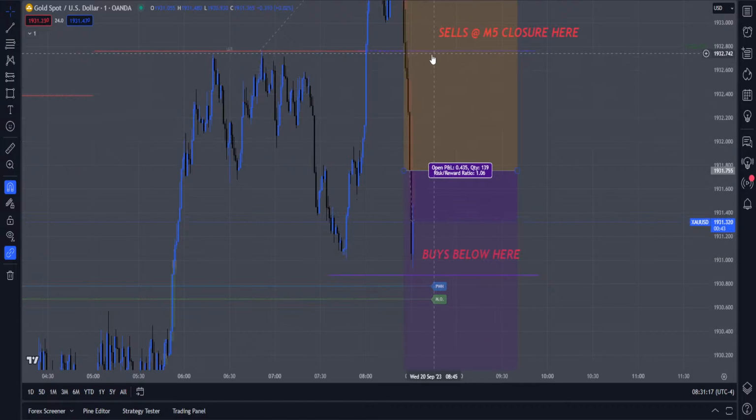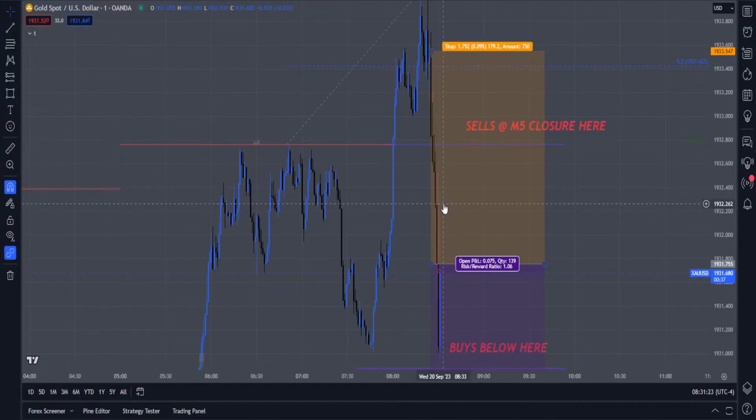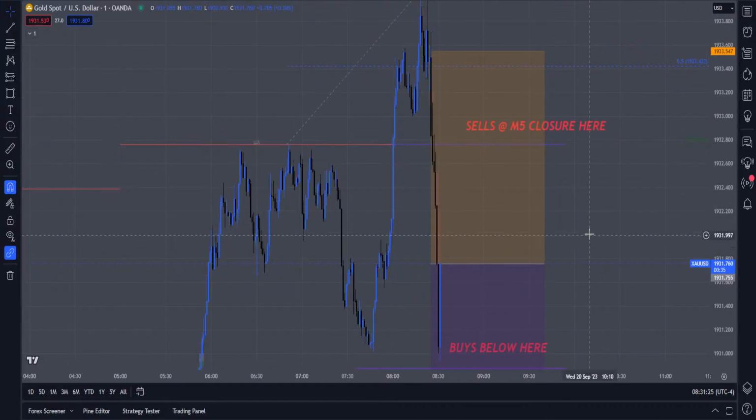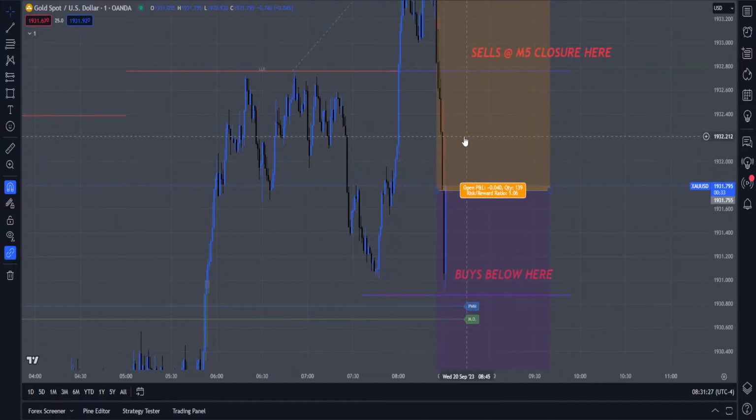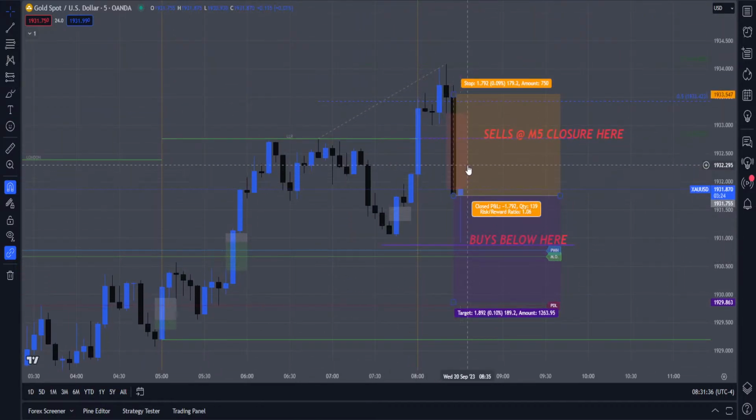Maybe we'll take it even in here somewhere. I would like to take it somewhere inside here. Okay, so not right here. We'll let it dive a little bit in because it has to go up a little bit into the area. If we go back on the 5 minute, I would like to see it a little bit up, and then we will take this trade.